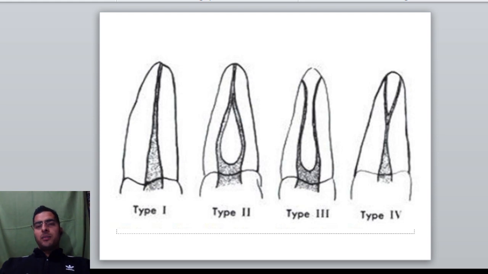In the type 3 canal, there are two different canal orifices and two different apices on the tooth. Okay, and this is type 4, where there is only one canal orifice, but as the canal proceeds towards the apical one third, the canal bifurcates and presents with two different apexes.